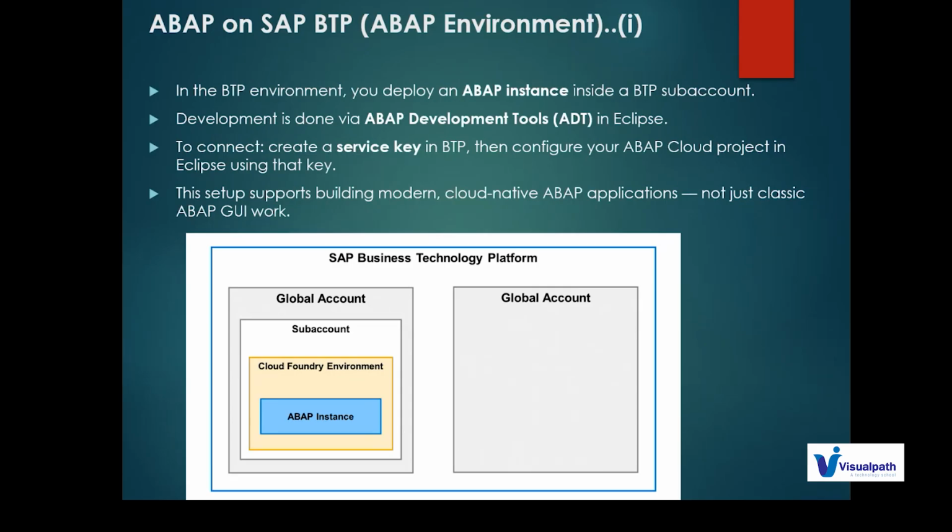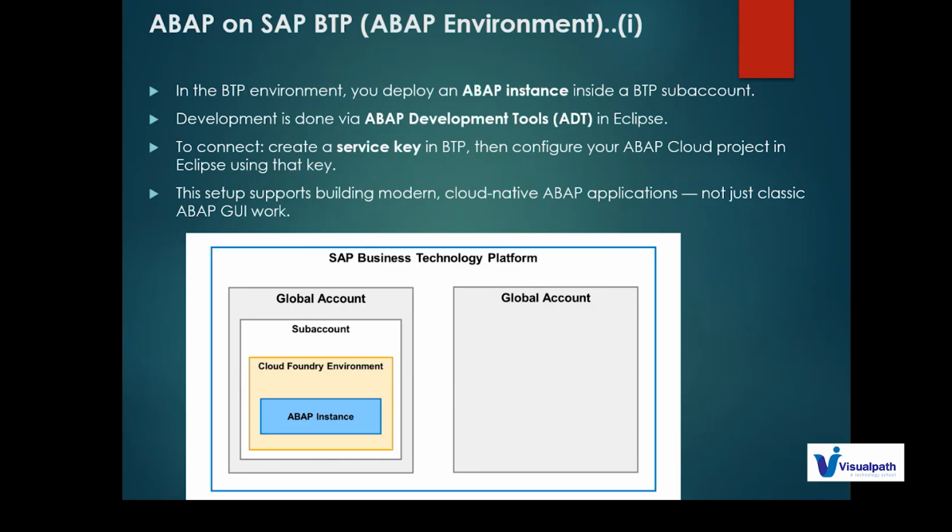Later on, the ABAP environment was also introduced to integrate all the ABAP requirements. So you can see the ABAP instance is also available in Cloud Foundry, and a separate ABAP environment is also available. I have not mentioned the Kyma environment here because it is majorly used for microservices and creating small apps, so we'll not talk about that.